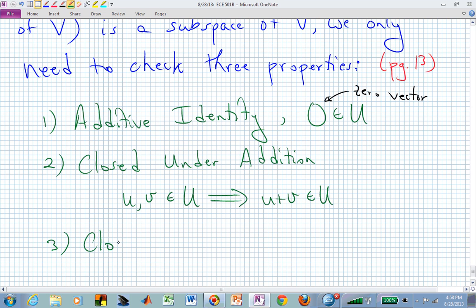We also need to check that this subset is closed under scalar multiplication.